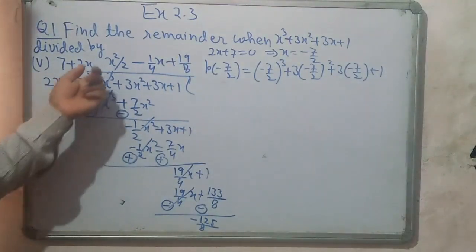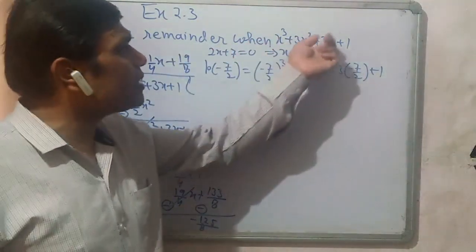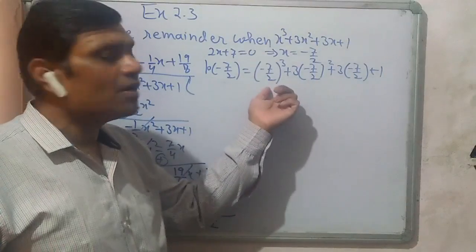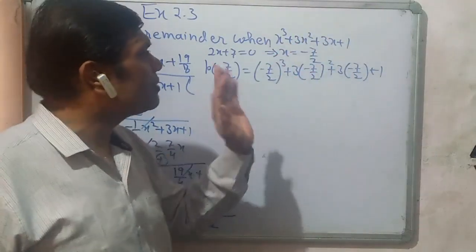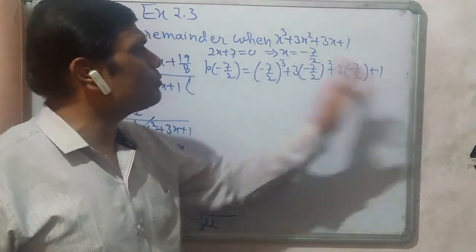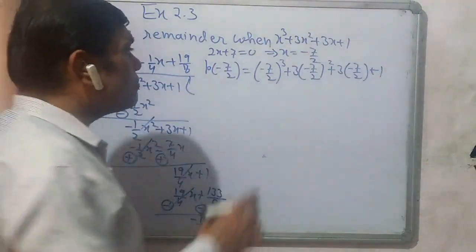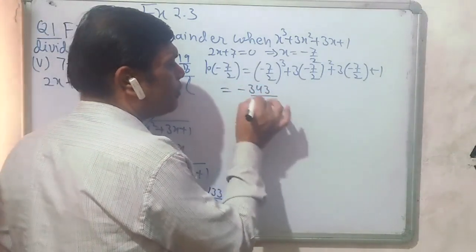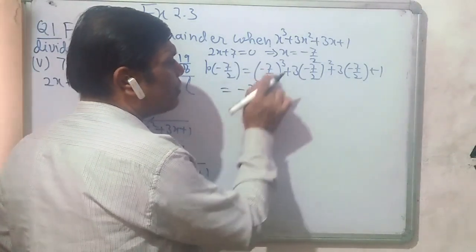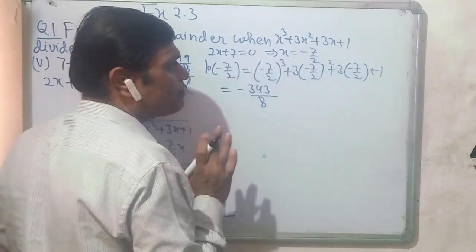Arre bhai, here we had x cube plus 3x square plus 3x plus 1. x cube: minus 7/2 cube, 3 into minus 7/2 square, right? 3 into minus 7/2 plus 1. Solve it out. 7 cube is 343, 2 cube is 8, negative.